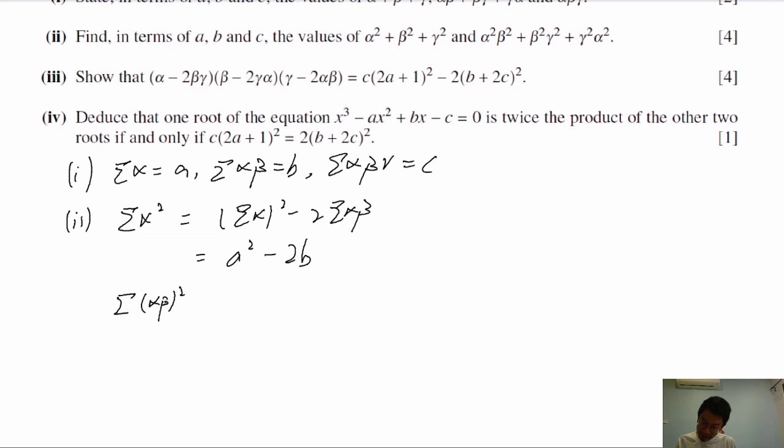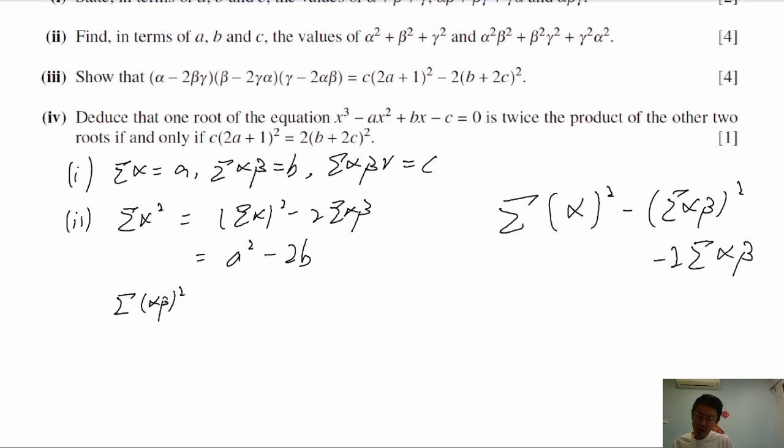The relationship that we can use for this one is that, if we just consider the usual formula for the sum of squares, let's say we consider this one. When we square the roots, it will be this expression.